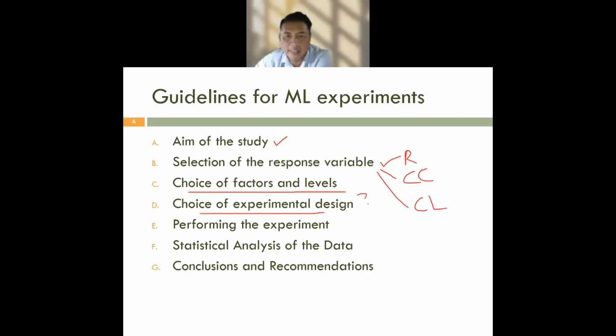That is what we call the design. Then you perform the experiment, then you perform statistical analysis on the data, and then you conclude. So basically, you must be able to respond to all of these sections.